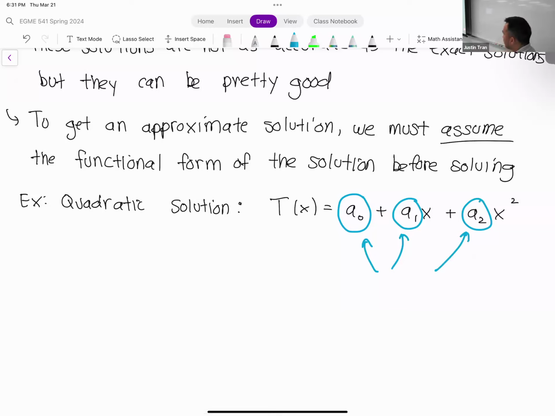And so to complete our solution, we have to find out what's the most optimal value of these coefficients that will make our solution as accurate or as faithful to the governing equations as possible.